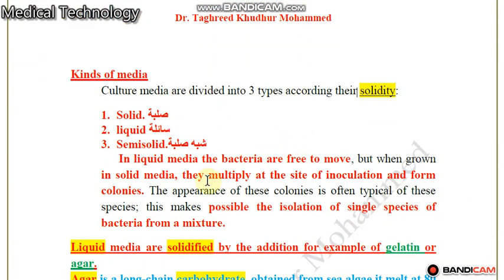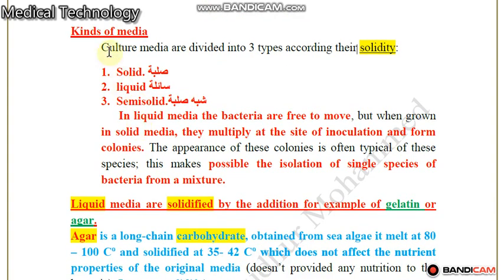Okay, now we explain what the types of culture media are, or what kinds of culture media are present in your lab to identify, to diagnose, and to isolate bacteria from clinical samples and from the environment.